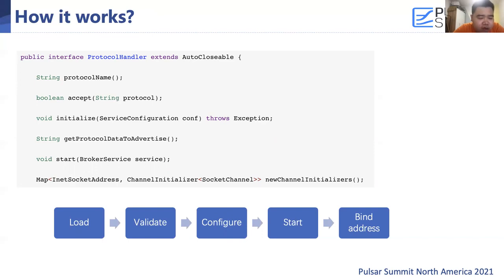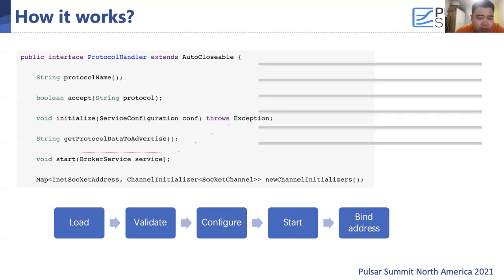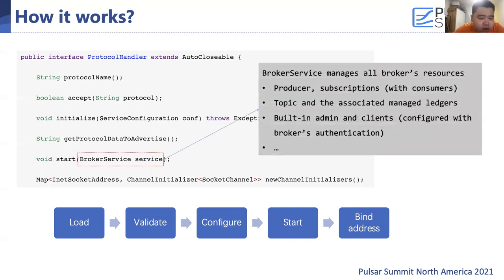First, it will load the NAR file from the protocols subdirectory and use the accept method to validate it. Then it will call the initialize method to configure the protocol handler's configs. And the next is the most important step. Look at the start method. It accepts a BrokerService argument.